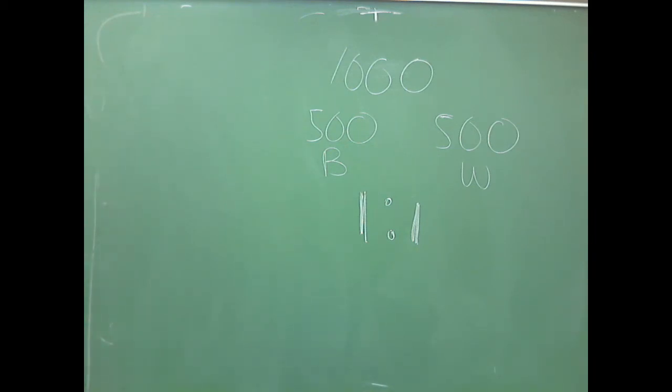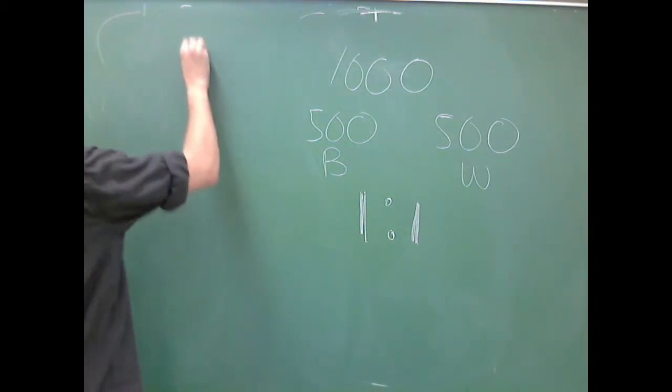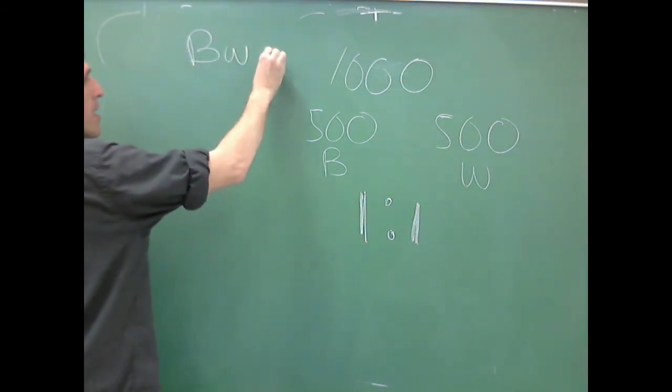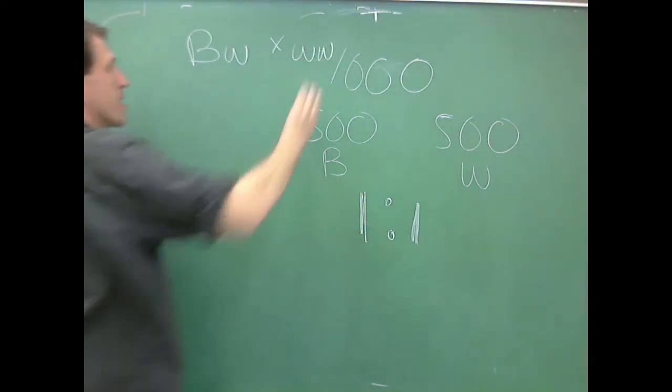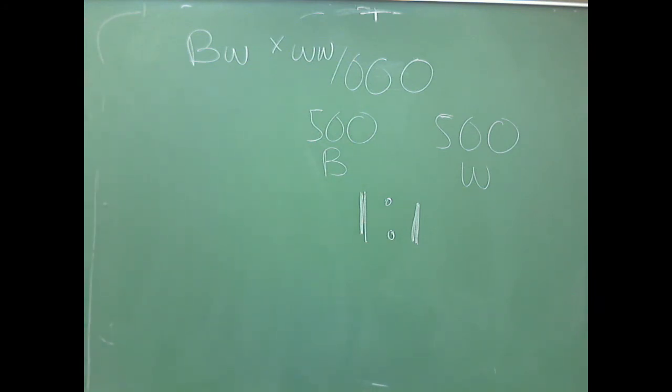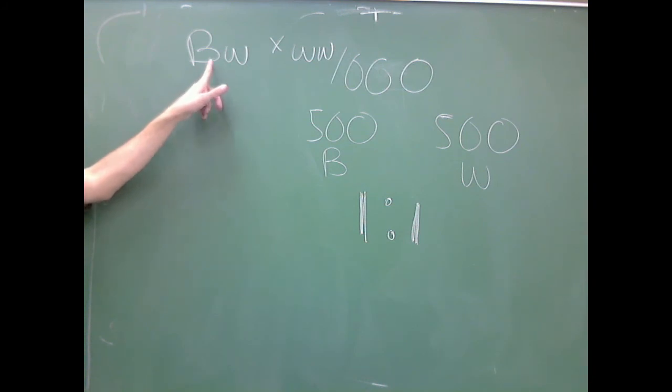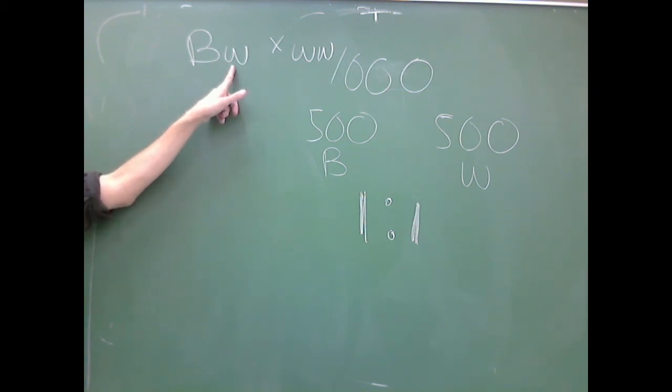Well, let's look. Let's say we have one parent that is blue and white, and another parent that is white and white. No. Let's work. We'll do both heterozygous in a second, but we'll do what you're saying. We'll show those both. Let me do this one, then we'll do yours, and then we'll talk about it. All right. So if one parent was blue and white, what color would it be? Blue.